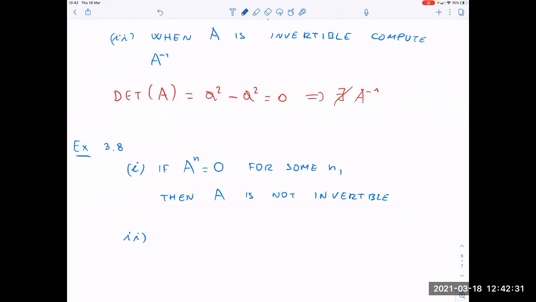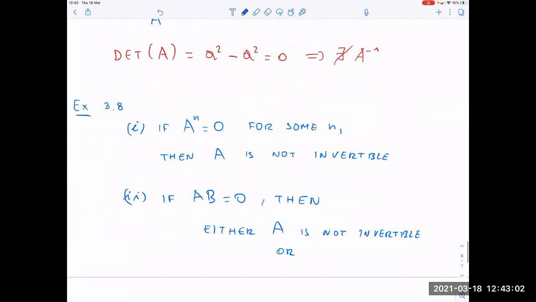And 2, it says that if AB equals 0, then either A is not invertible, or B is not invertible.